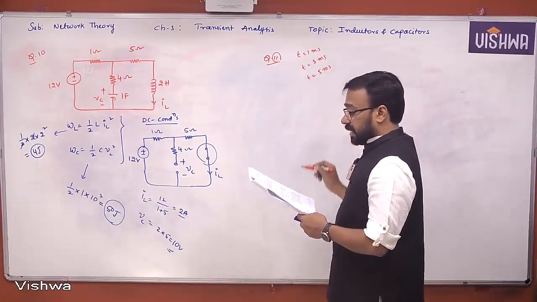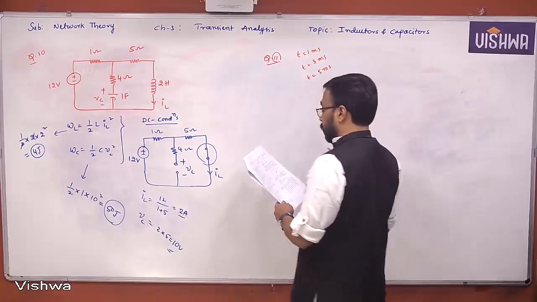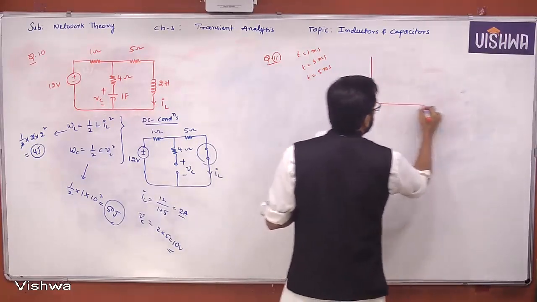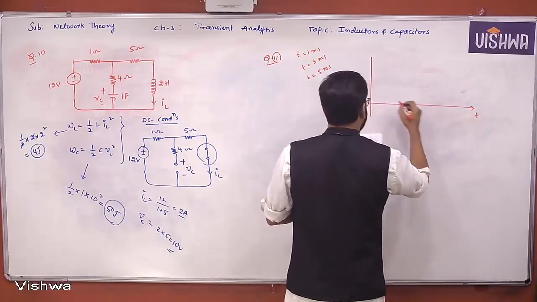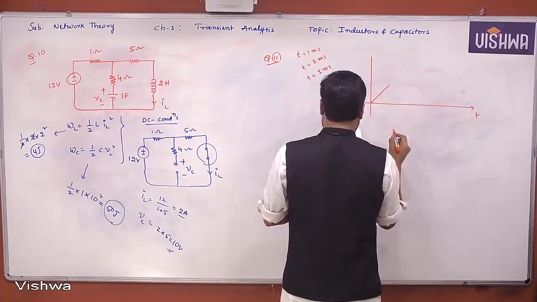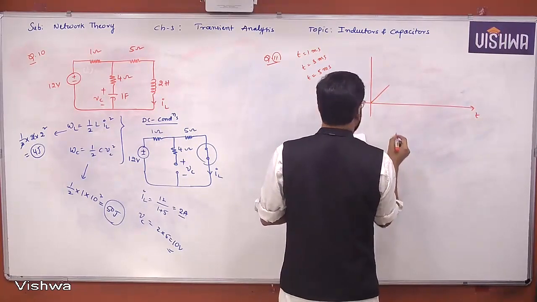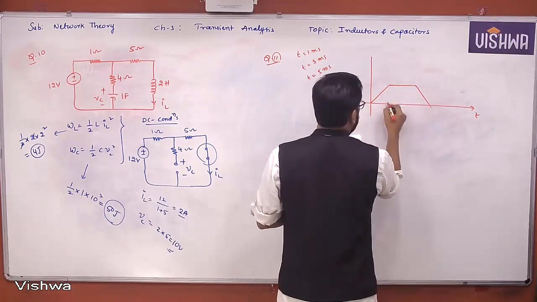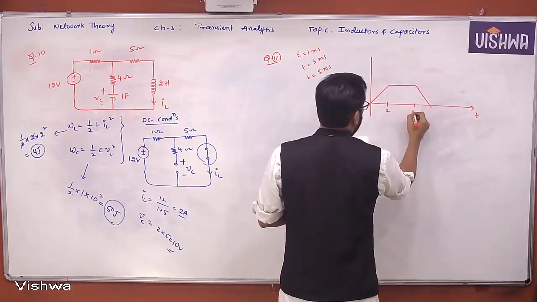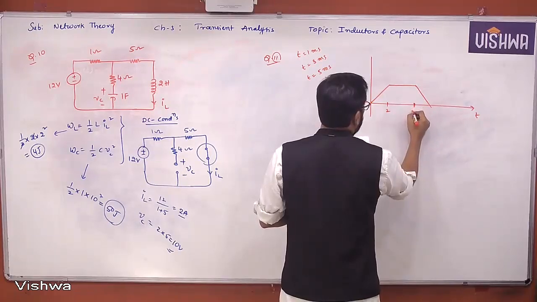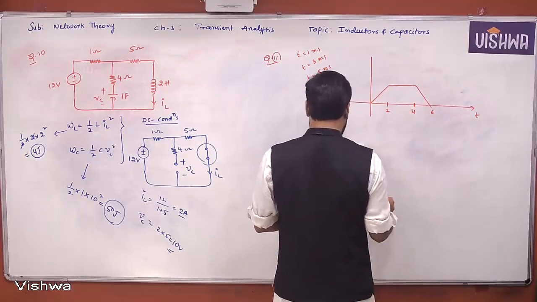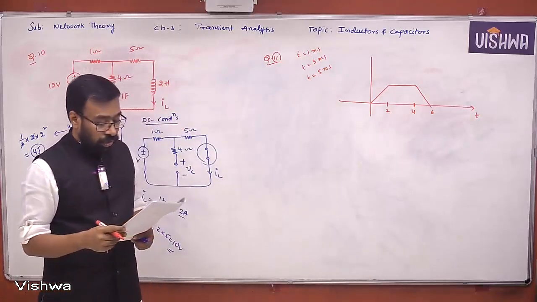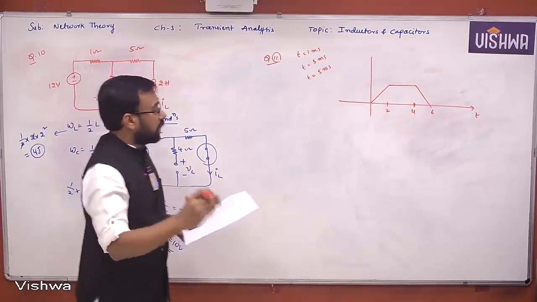There are three questions asked here. Now, this is the waveform given: 0, 2, 4, 6.